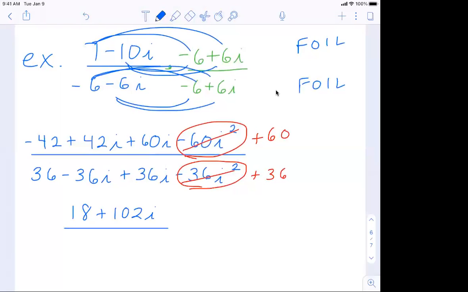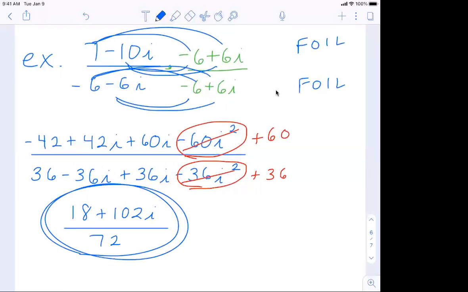On the bottom, 36 plus 36 is 72. And remember, the two i's cancel out, so I just get 72 in the denominator. And so I'm almost done, but I've come really far because I got rid of the i in the denominator.